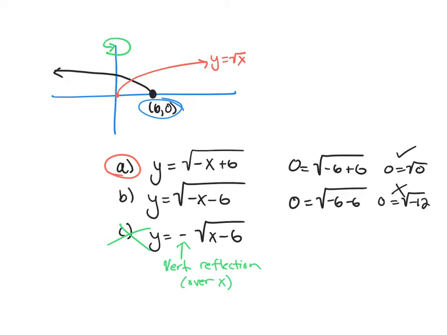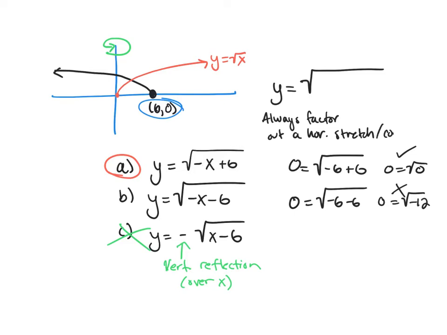So let's try to figure out why option A is the right answer. Whenever we have a horizontal compression or stretch, you always want to factor that out. So always factor out a horizontal stretch, compression, reflection.